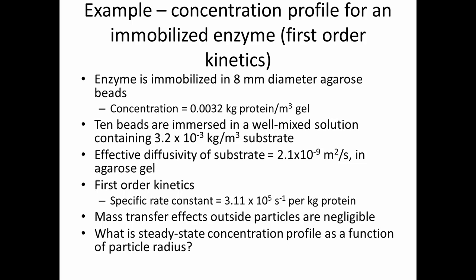Effective diffusivity of substrate is 2.1 times 10 to the negative ninth meter squared per second in the agarose gel. And it's first order kinetics; our rate constant in this case is 3.11 times 10 to the fifth per second per kilogram of protein.